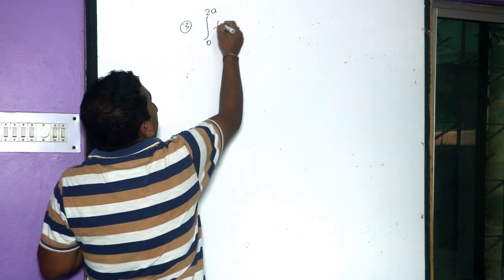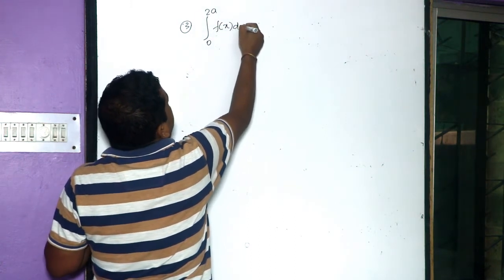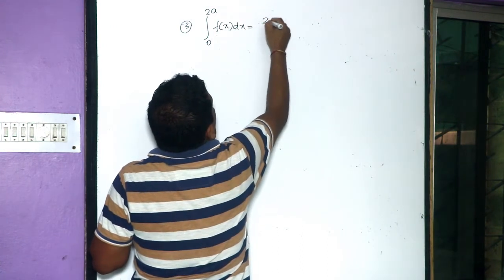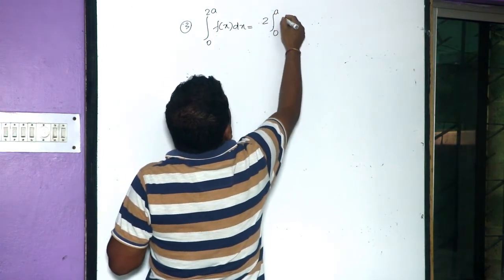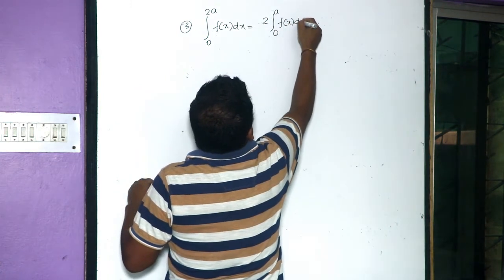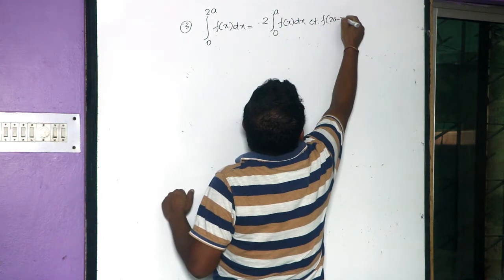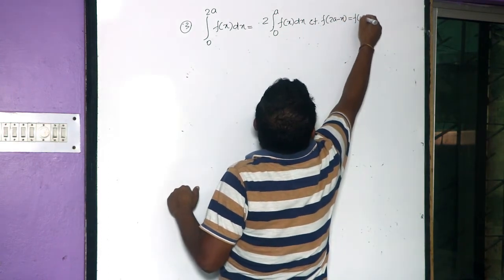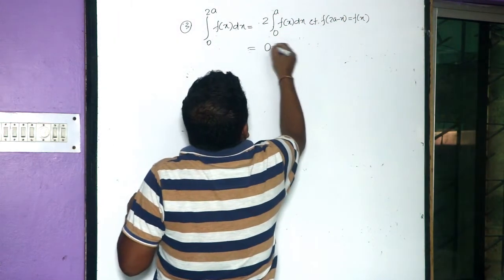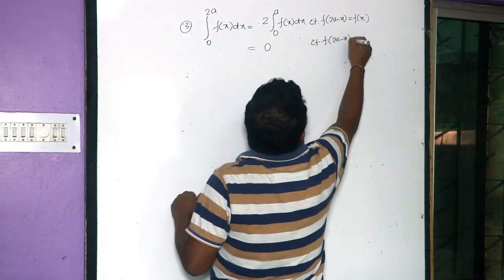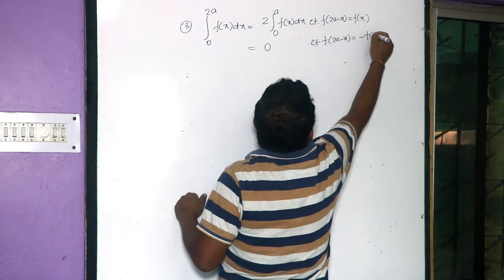Integration from 0 to 2a of f(x) dx will be 2 times the integral from 0 to a of f(x) dx if f(2a minus x) is f(x), and 0 if f(2a minus x) is minus f(x).